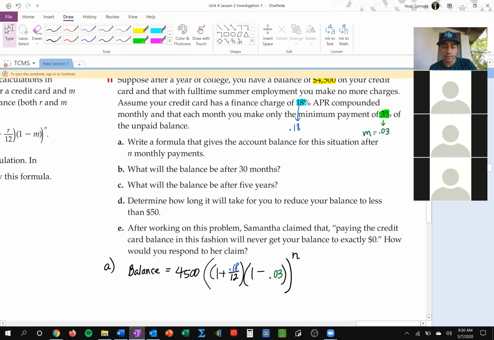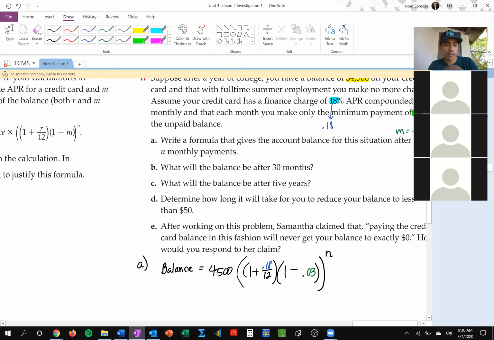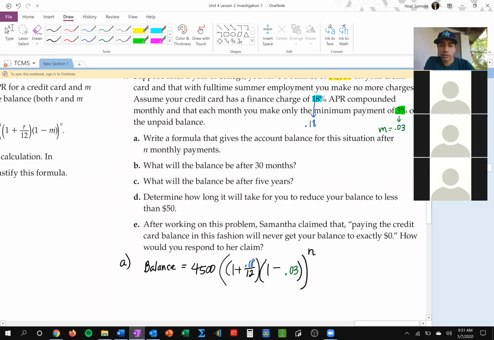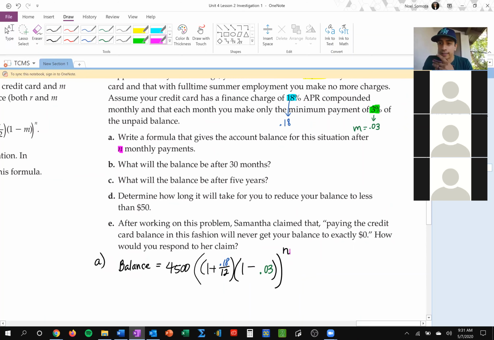It's a little bit of a tricky formula in the sense that you have these large parentheses, and inside of those you have the product of those two terms, with the power of n on the outside. Because we don't know how many months have elapsed, we just leave it in terms of n. We don't plug anything in for that. So that's what we have for now.